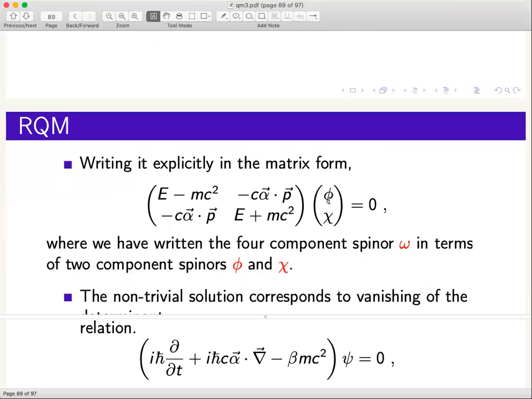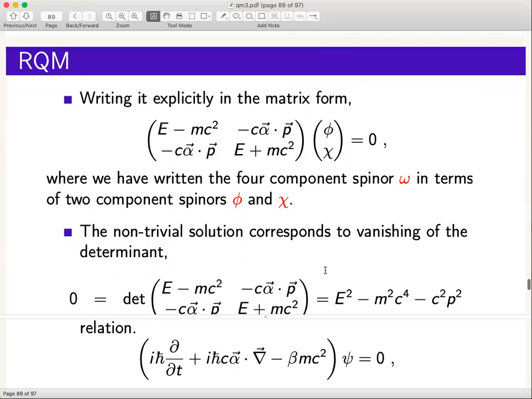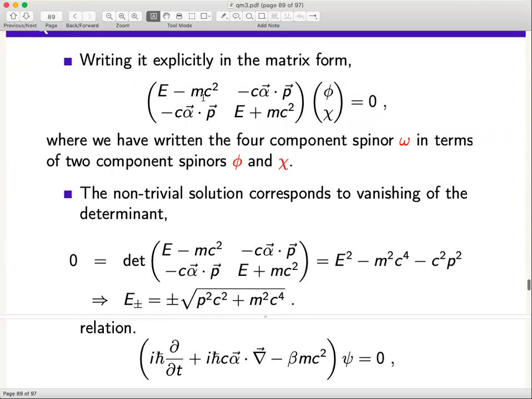Phi is a 2-component spinor, and chi is also a 2-component spinor. Let me not use the word poly, because polyspinors are very specific, 1, 0 or 0, 1. We have just written them as 2-component spinors. So the 4-component spinor is decomposed into phi and chi. Since I have copied it from here, the error has propagated.